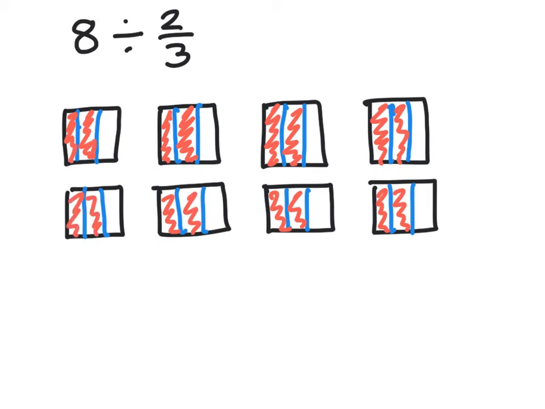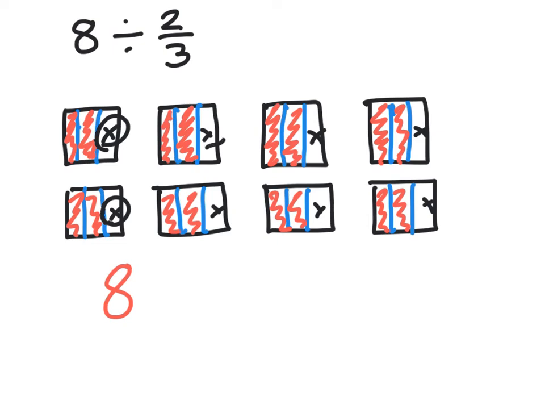So far I have a total of 8 2/3 parts. But I have some extra left over, right? I have some unused. Here, here, here. So each of these pieces has 1/3 left over. If I combine 1/3 and 1/3 together, that would make 2/3.